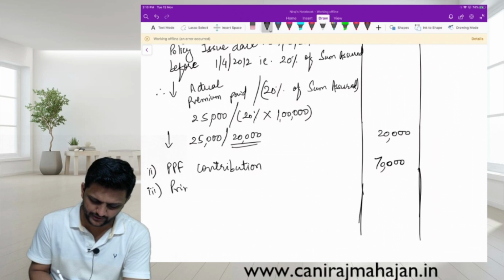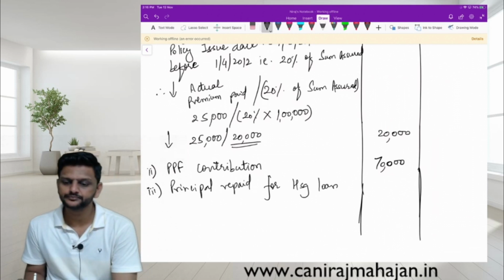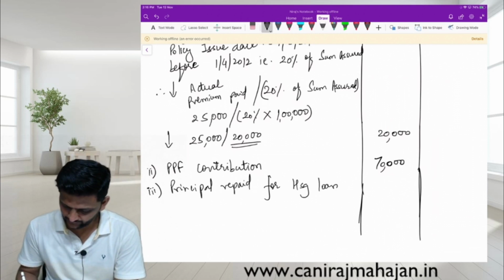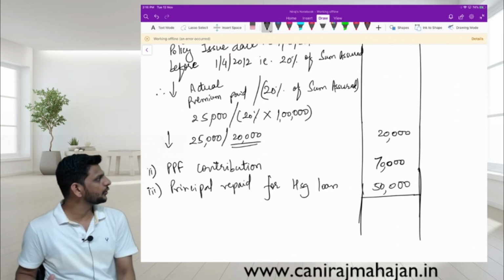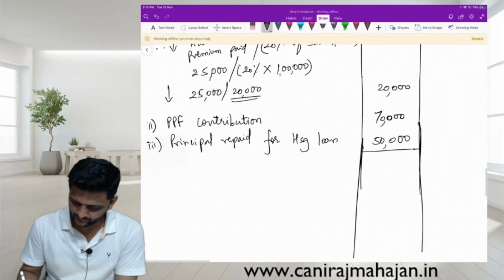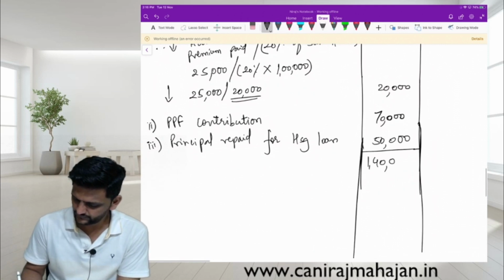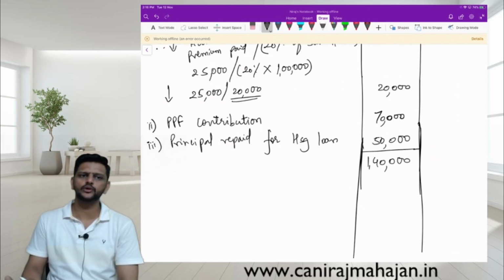So principal rebate for housing loan. How much rebate? 50. Yes or no? Total is how much? 140. Correct? So at least 80C is itself within its own limit.